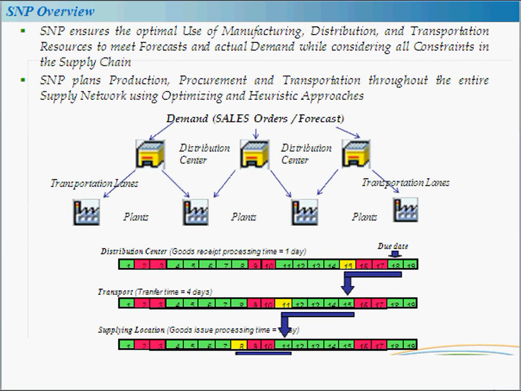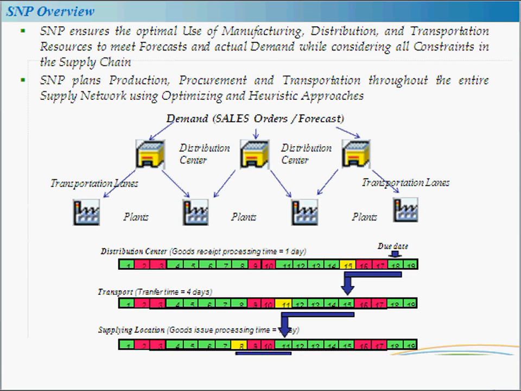So the first part that SNP deals with is setting up your supply network, and then going ahead and creating all the master data that is required for your planning. What master data might be required? Your product master, your location masters, your work centers, your bill of materials, your routings, and all those things. Now the good part is that all those things are created in ECC. We just need to use the core interface, and the data would come back to the APO side.